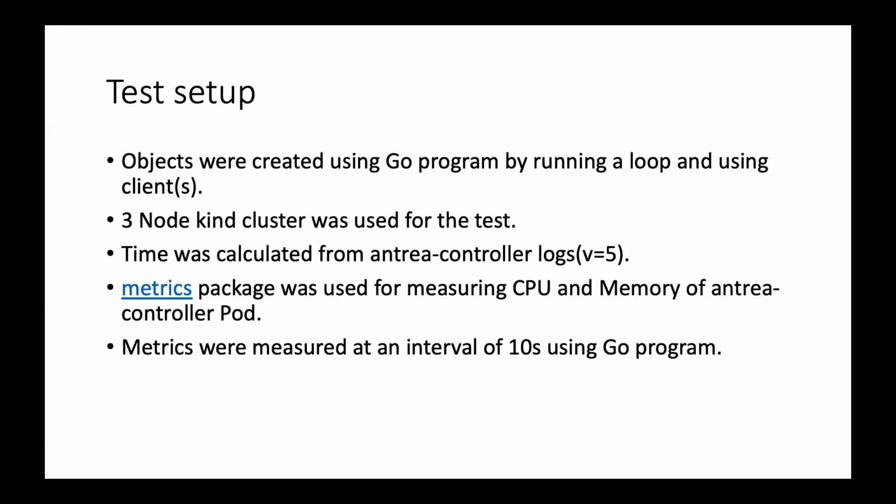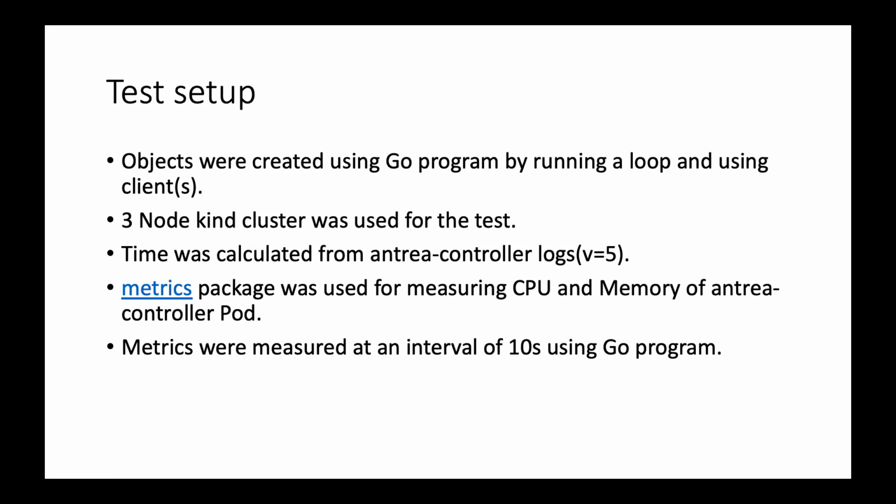And after restarting the Antrea controller pod, I again checked the logs, and the time it took to process all the created Antrea network policies was measured. So firstly, the Go program was run to create the objects, and logs were monitored until all the network policies were processed, and then the controller pod was restarted.